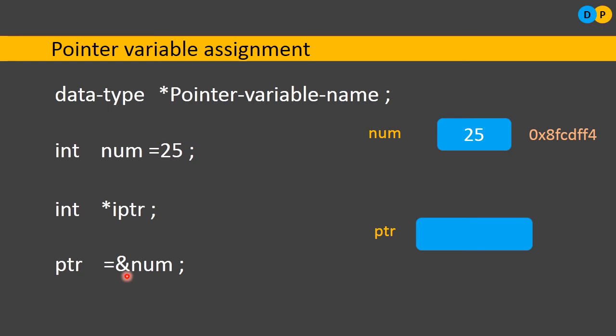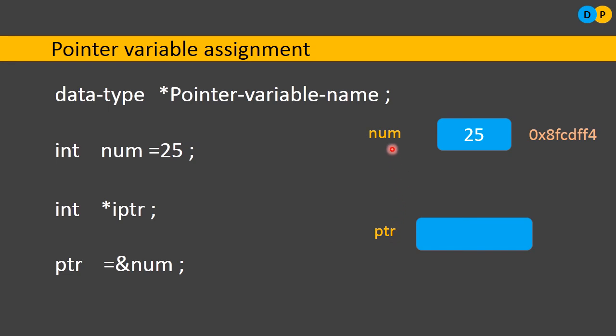In this topic we are talking about pointer variable assignment. We have declared a normal variable and a pointer variable, but what is the use? Now the pointer variable should hold the address of the normal variable. Nothing but the pointer variable should point to the address of the normal variable.